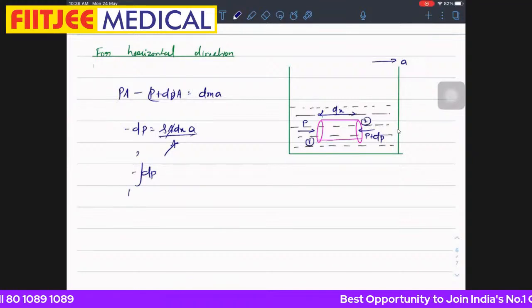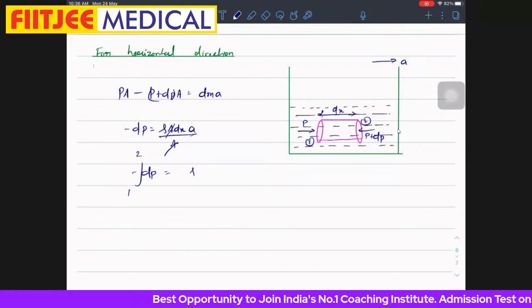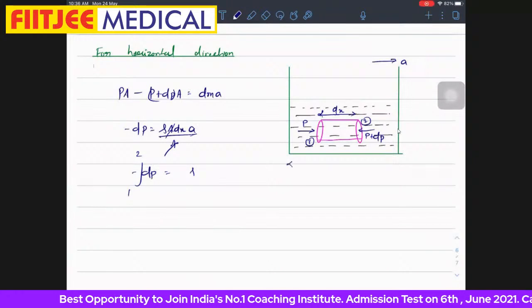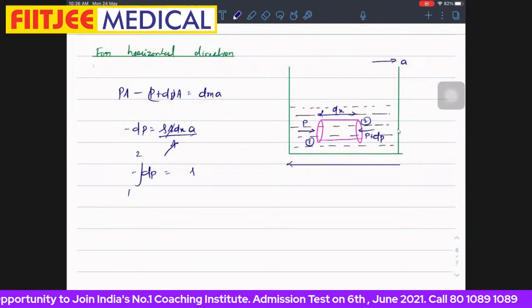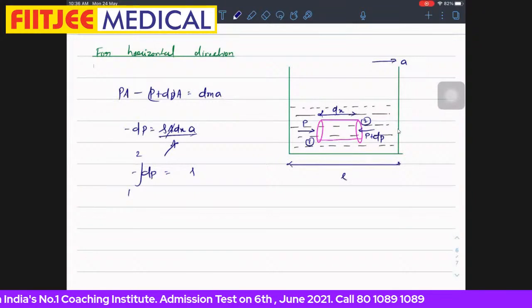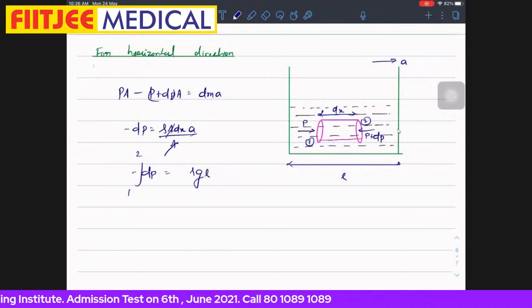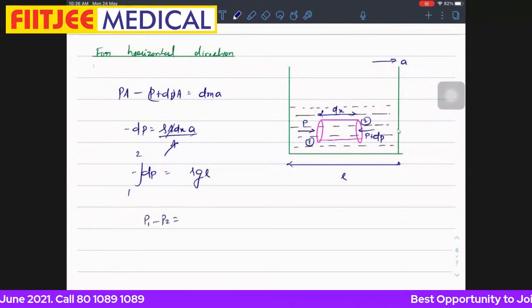So minus dP from where to where? 1 to 2. So rho, suppose this length is L. So rho G L. This will become what? P1 minus P2 equals rho GL.